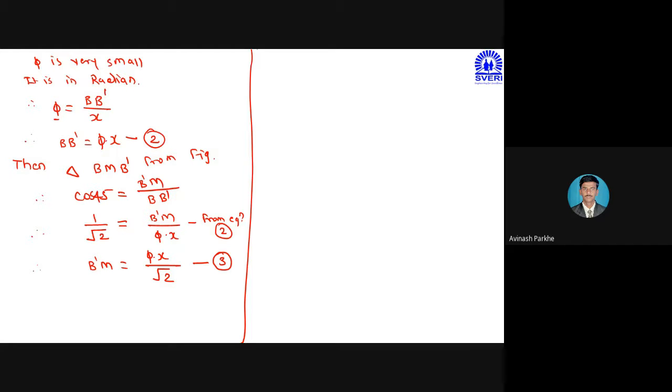Now, the strain in diagonal BD is given by: strain in diagonal BD, that is E of BD, is equal to change in length upon original length. You know the formula.